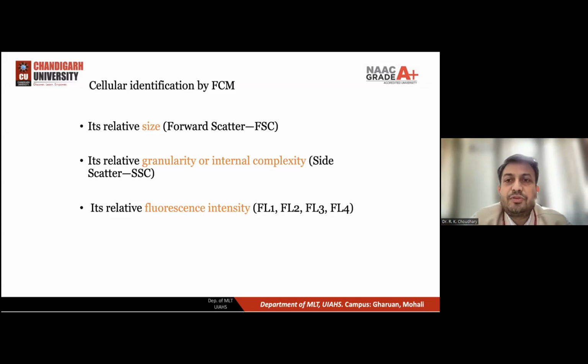Different companies offer different ones, like Guava, which gives just 2 parameters. As per the requirement of your lab, for example some HIV labs need only CD4, CD8, so the government buys only this analyzer. But if you are working in a stem cell lab, then you need multi-channel or 4-channel. So based on that, we choose.